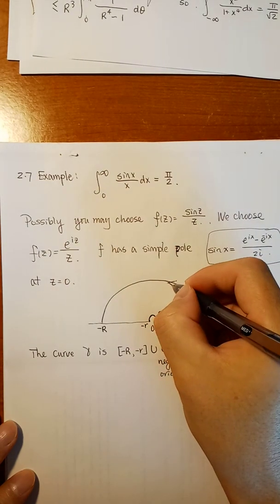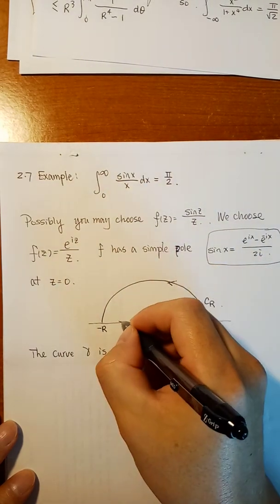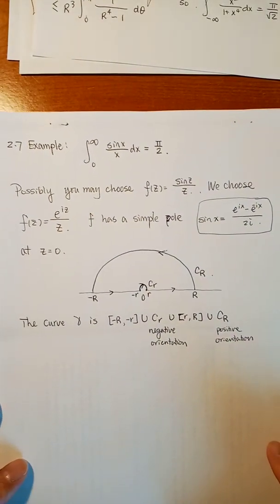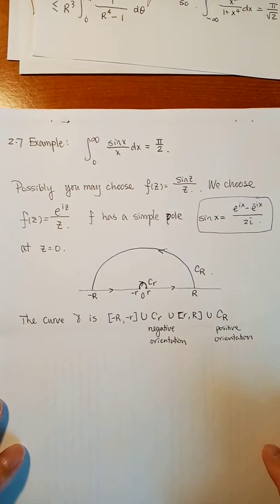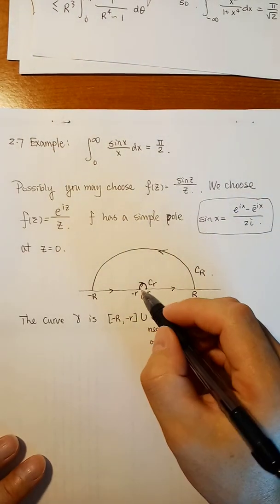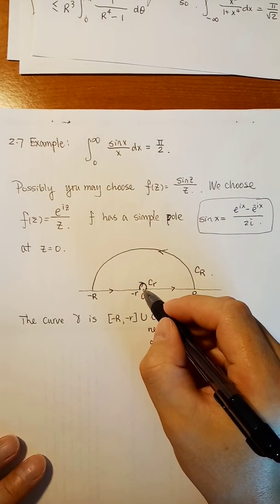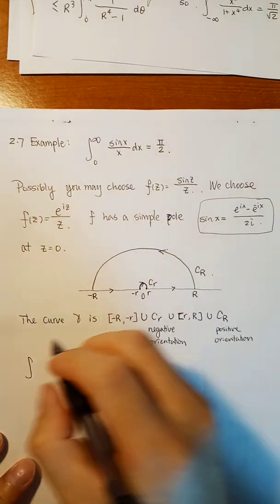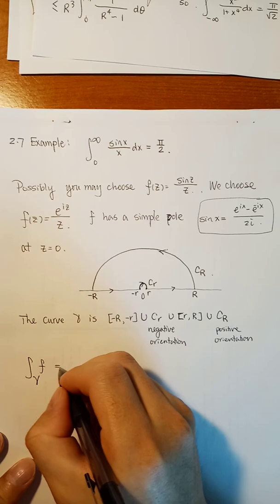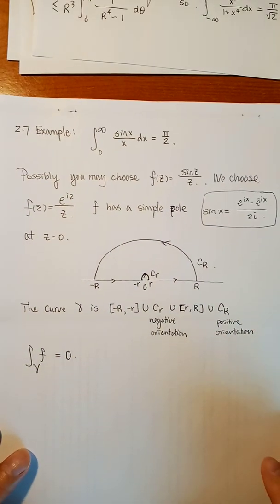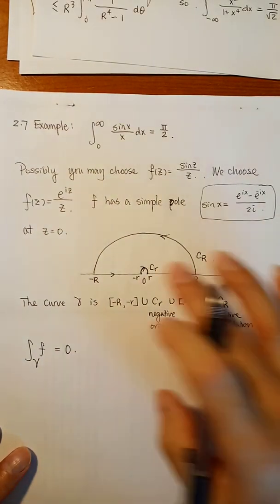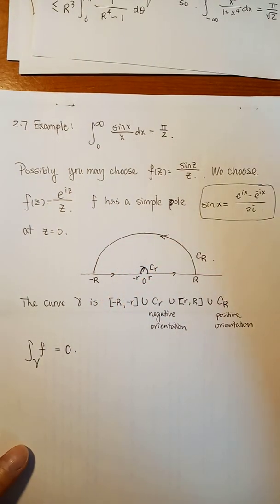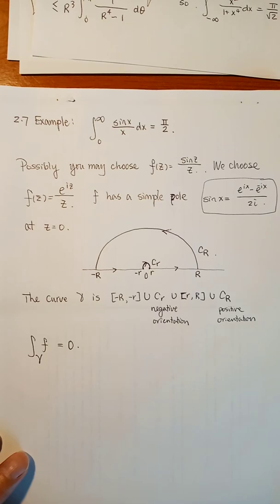So here this is counterclockwise, this is clockwise. So the whole thing fits together. Okay, and you see here we avoid the unique pole, so the integral of f along gamma is equal to 0. The Cauchy theorem: whenever the function is totally analytic inside, then the integral is 0.